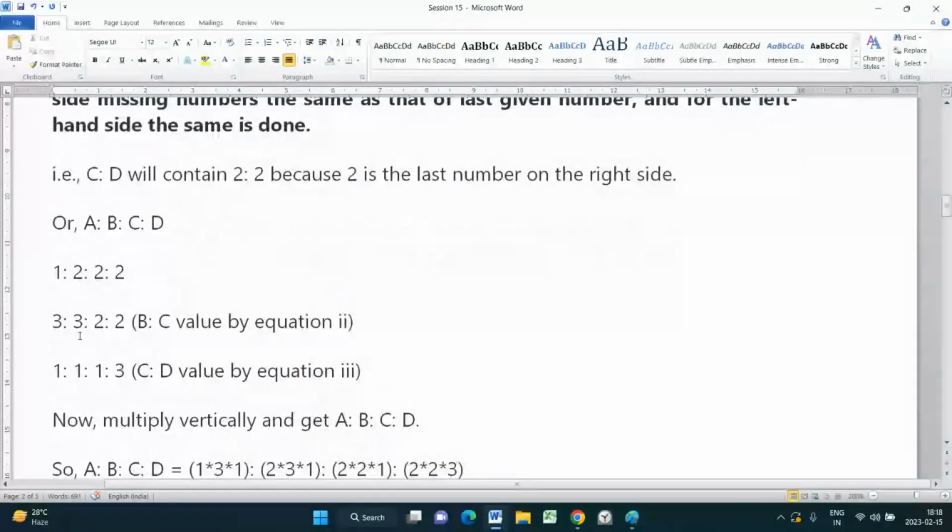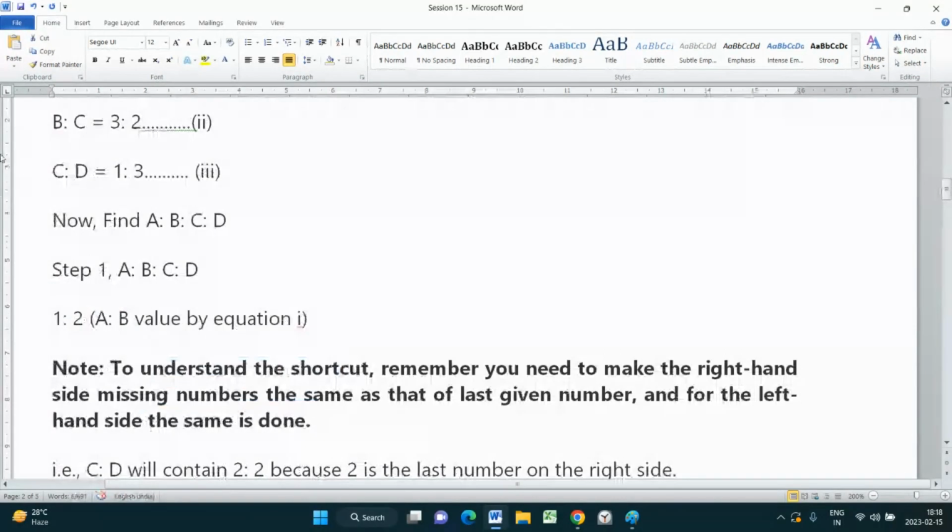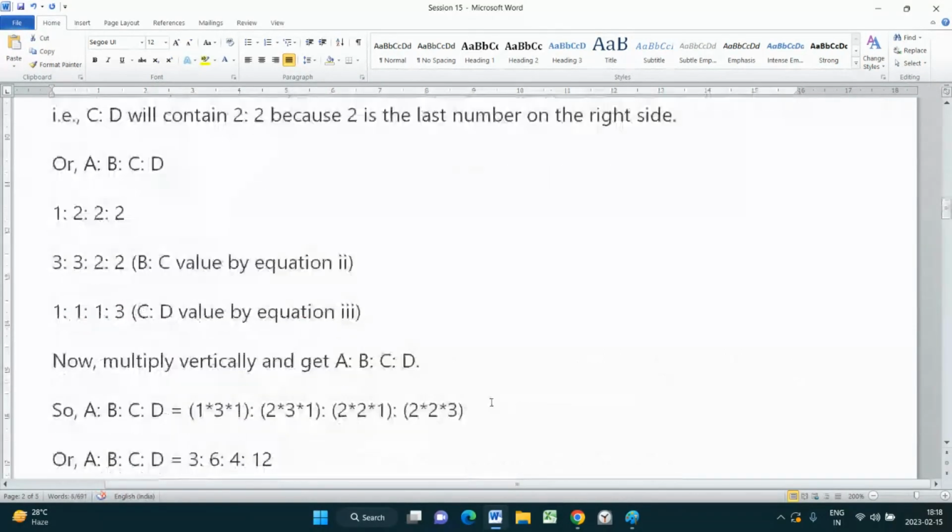So they are converting that B is to 2, repeating it. C is to D, what is that? 1:3. They are converting it to C is to D 1:3. So the same one is repeated here. The previous value is repeated here.